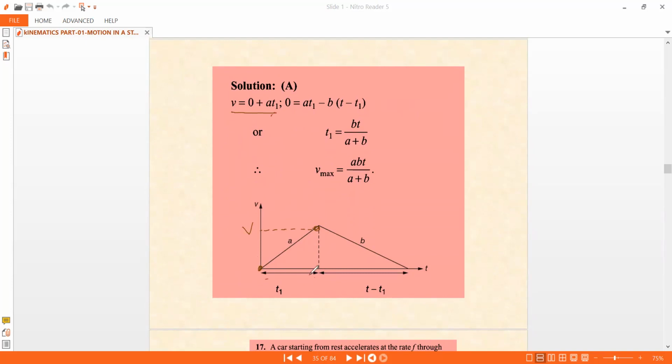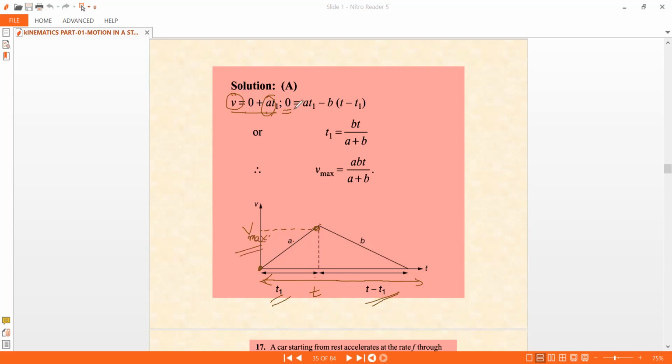This time is t1, and the entire time of journey t is broken as t1 and the other part, t minus t1. It took an acceleration a. So v is equal to 0 plus a t1. It starts from rest and attains a velocity v. So at this point, that is my v max.